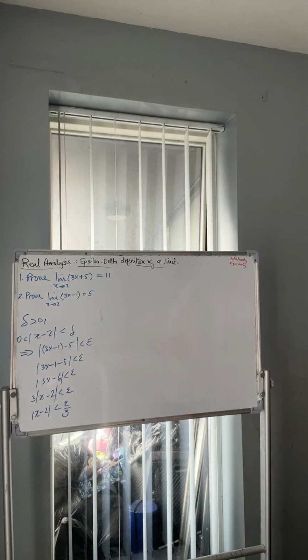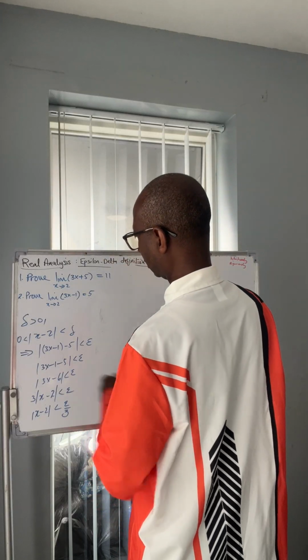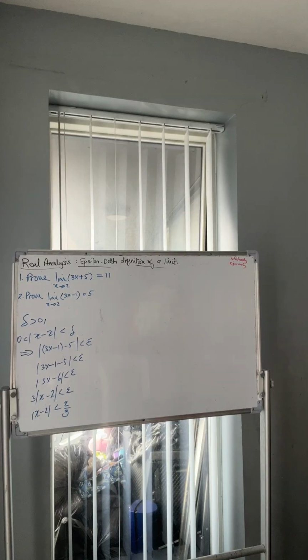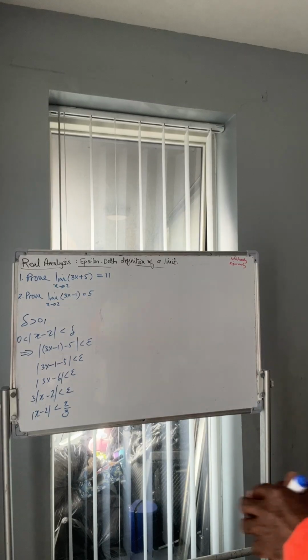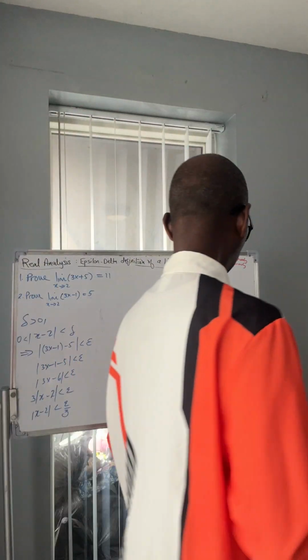Now we're going to start the proof, because if we set delta to be epsilon over 3, this inequality will hold. That inequality will be correct. So now the proof.